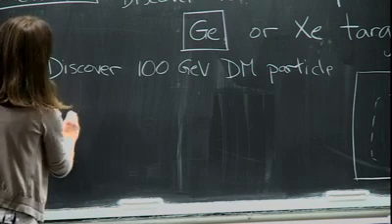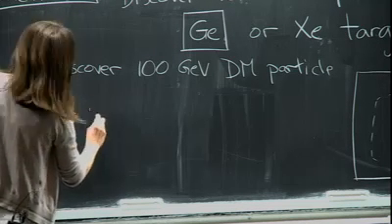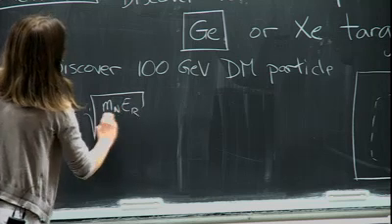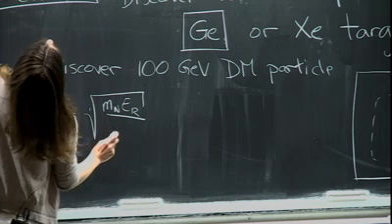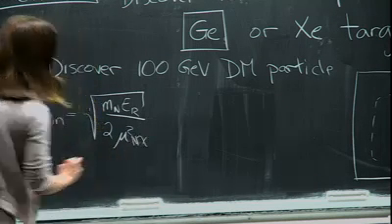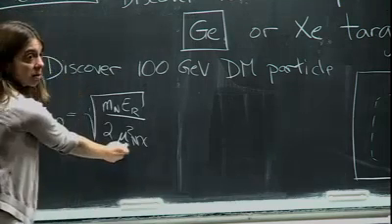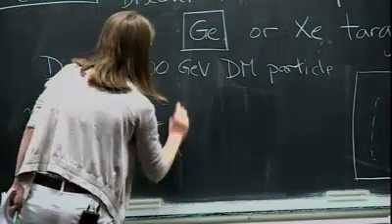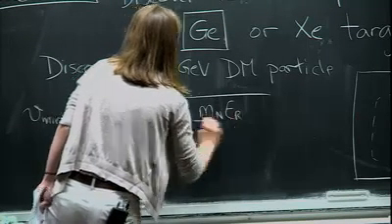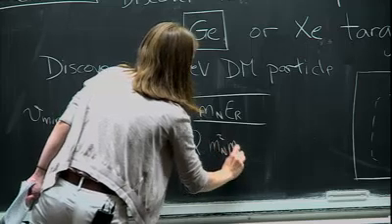Vmin is going to go as, let's just take the first term, the square root of m_N E_recoil over 2 times the reduced mass squared. And then I can write out the reduced mass explicitly.